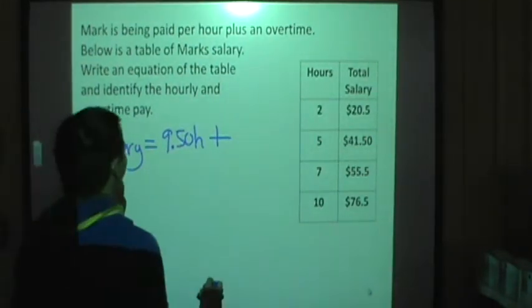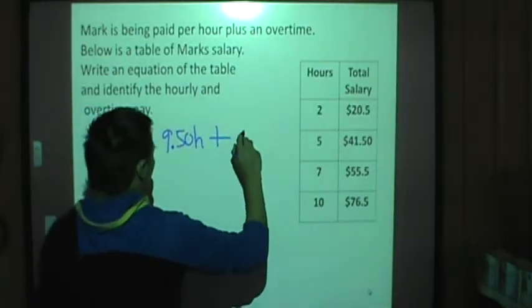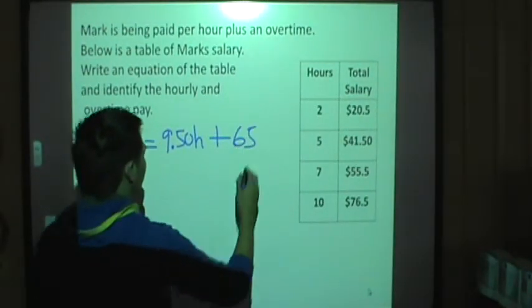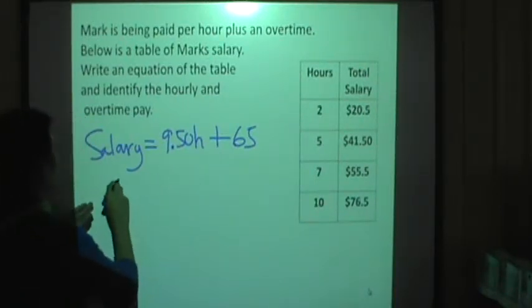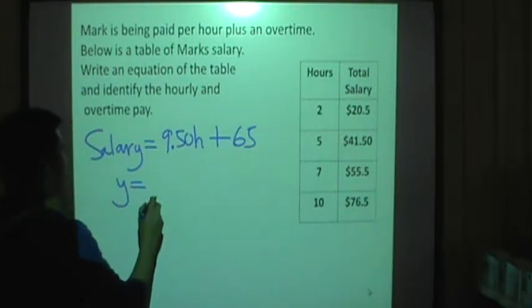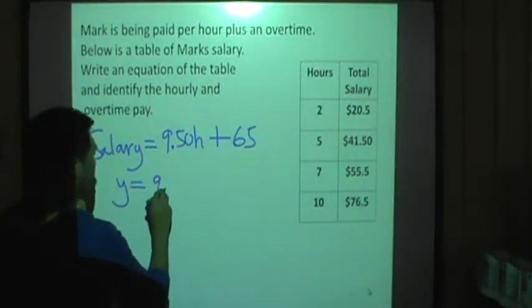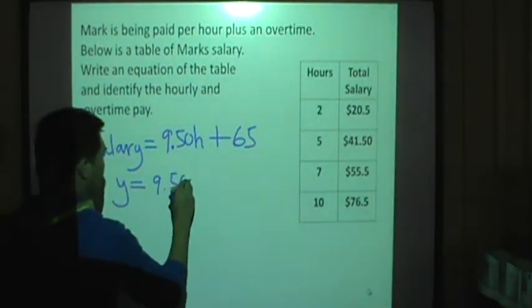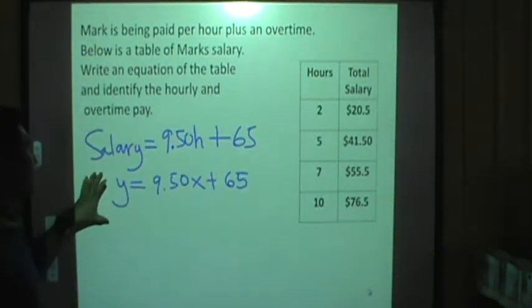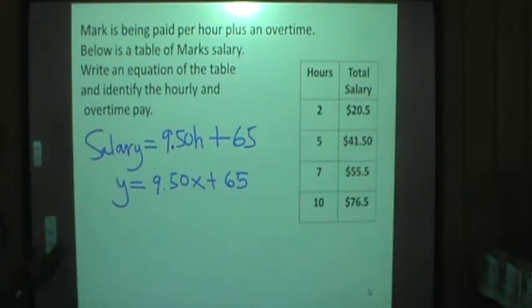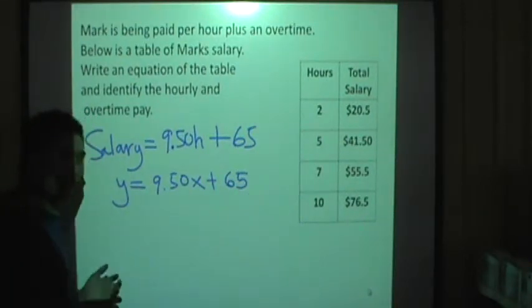Let's say I get a tip like $65. Okay, so basically here I am having an equation that is 9.50x plus 65.